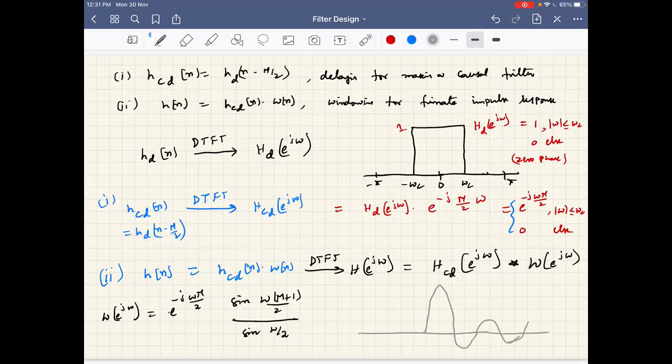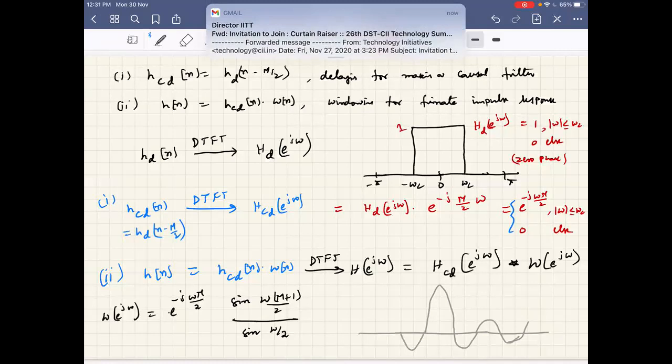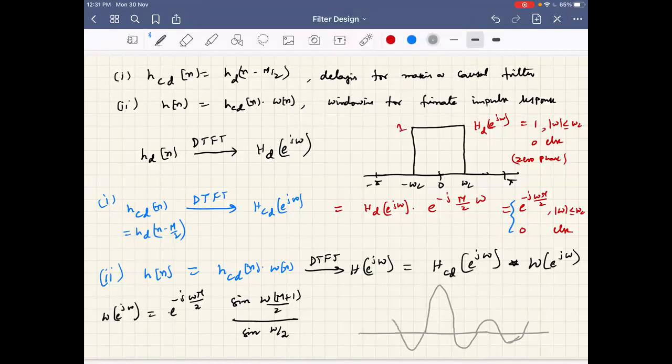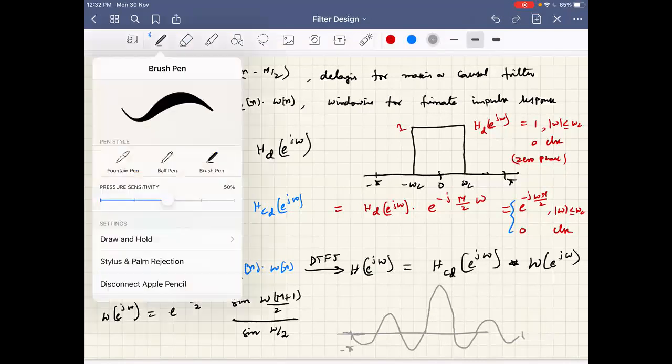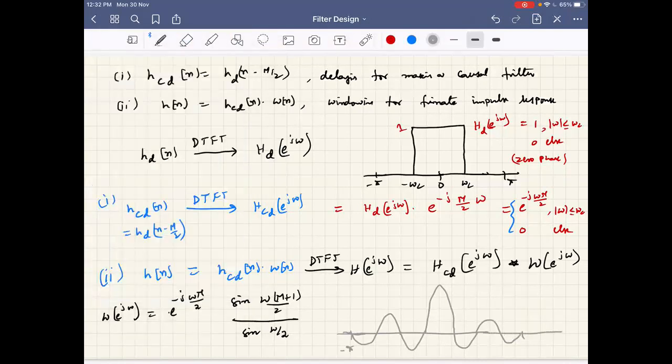And what is its length? Please note its duration is minus pi to pi in the frequency domain, because all discrete time Fourier transforms extend over minus pi to pi. So assume that minus pi to pi is up to here, and this is 0 in the frequency domain. Please note that this is the magnitude of W of e power j omega.